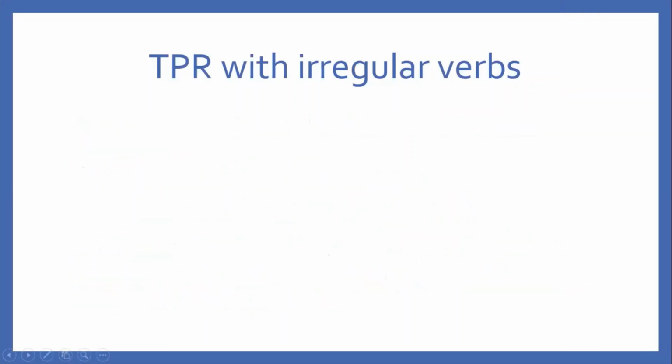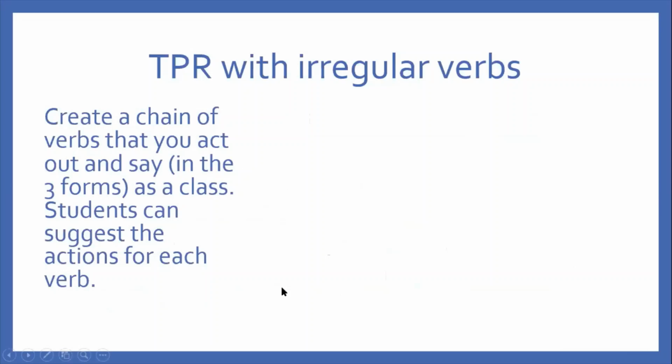So now, in this way, we are going to be doing some acting, right? So this is going to maybe take you back to being in elementary school, and that's okay. As adults, we can be silly. So we are going to create a chain of verbs that we're going to act out and say with the 3 forms in class, right?